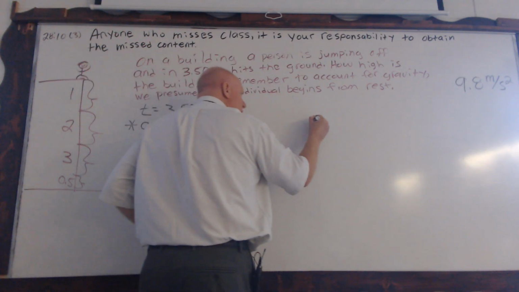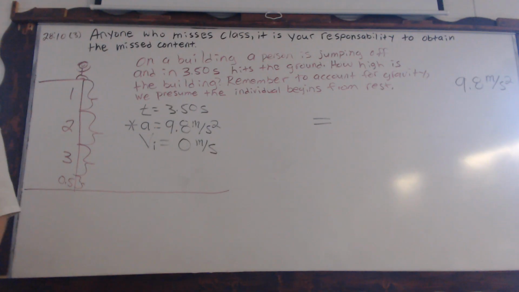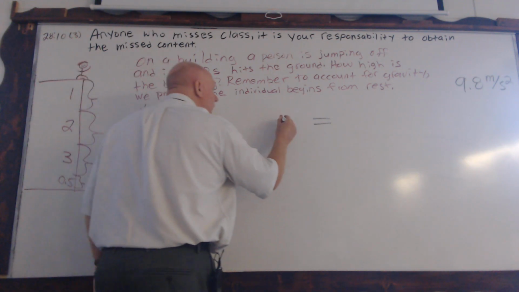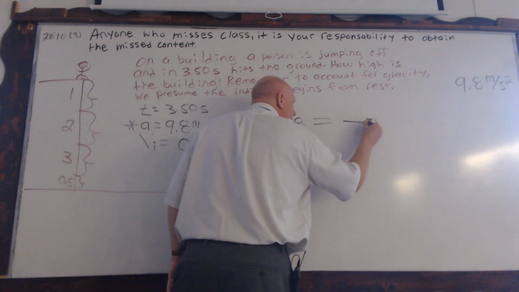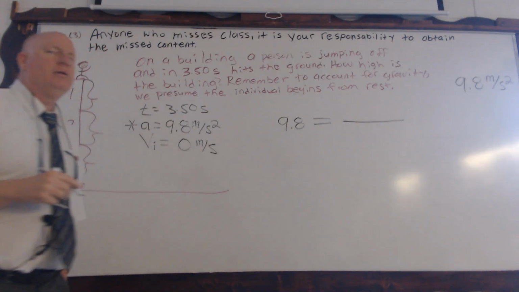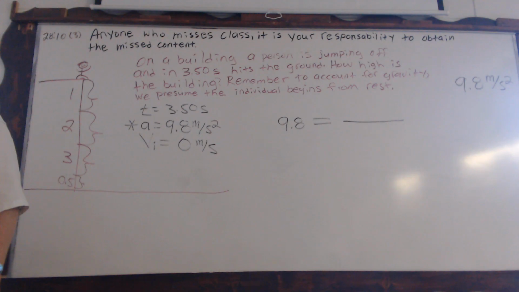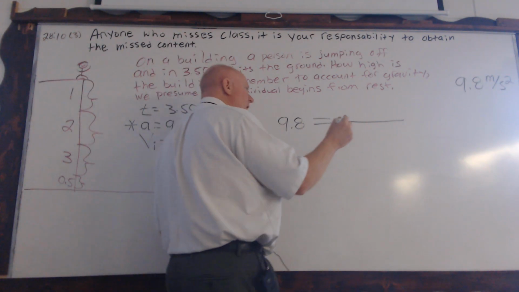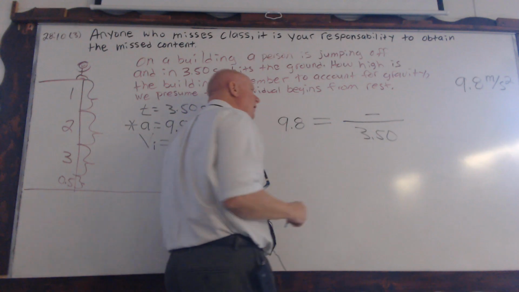You have an equal sign here. A equals what is on the left-hand side of that? 9.8. We've got a fraction over here. So what goes on top of that fraction? 3.5 over 0? No, it was the other way around. We have to account for something up here, because you correctly said this is on the bottom. Well, what's on the top of this fraction?